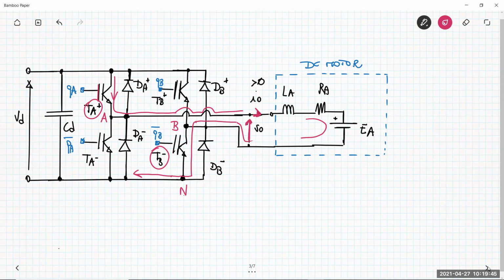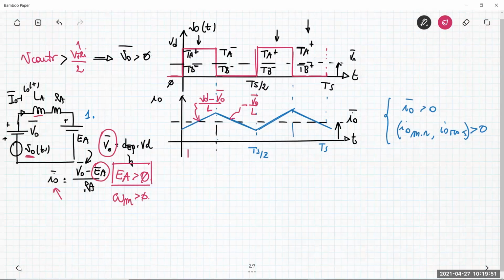So in this situation, in which the current is positive and TA plus and TB minus are on, the current is also conducted by TA plus and TB minus. So devices that are on in this situation also conduct the current.